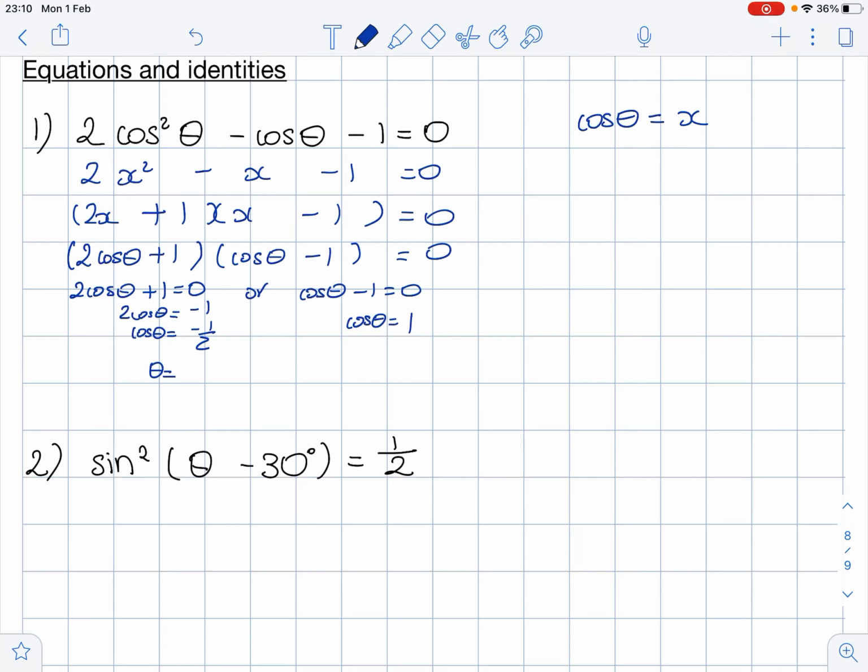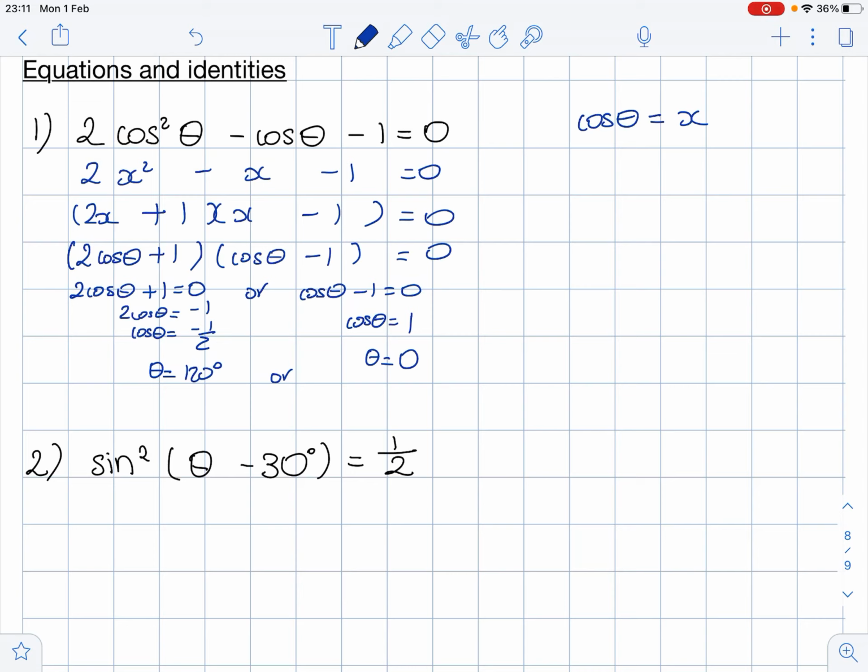So my theta is going to be equal to 120, or theta is going to be equal to 0.